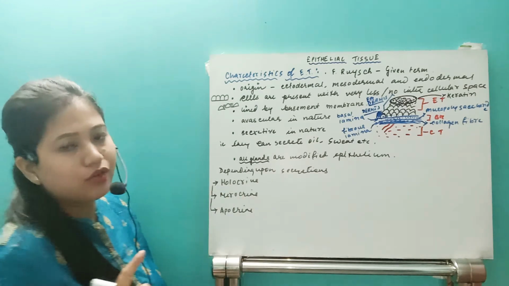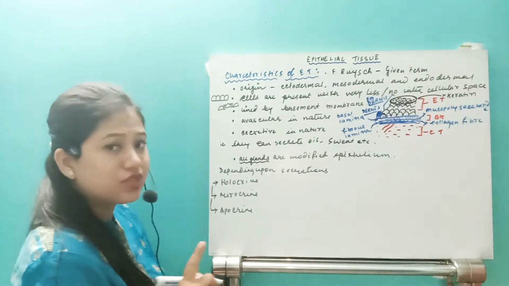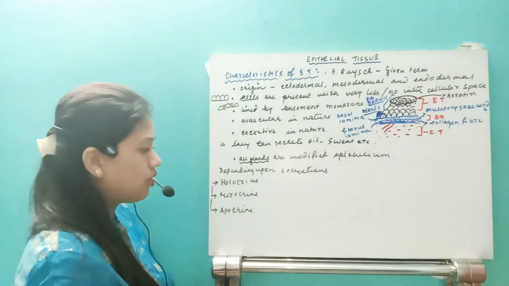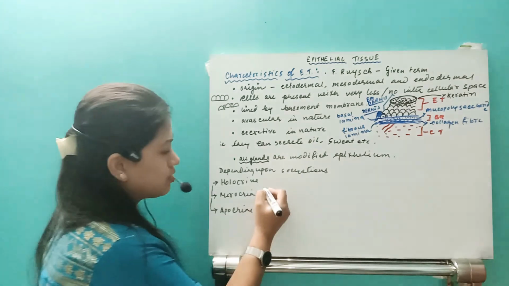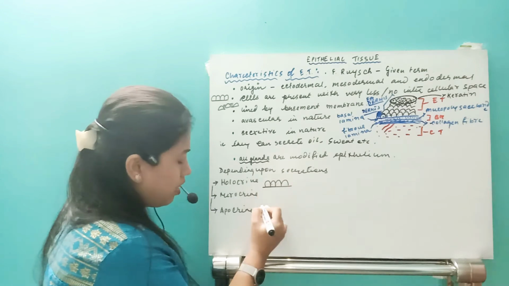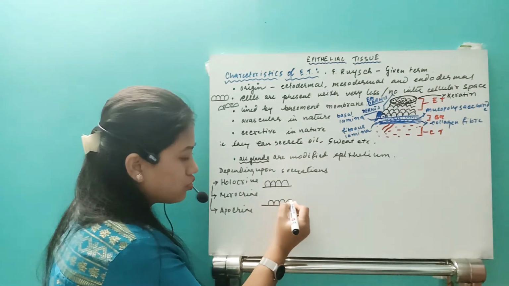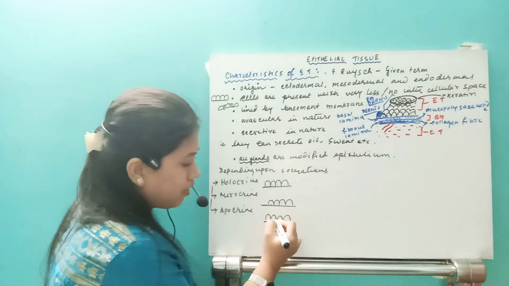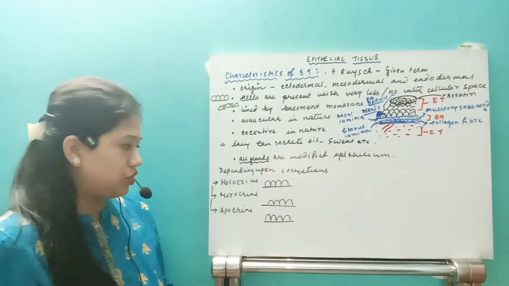Now just see the difference between all three types of glands. Suppose this is the holocrine gland, it is going to have a lining of cells. Merocrine gland, see, it is also going to have some lining, and apocrine gland is also going to have a lining of epithelial tissue.